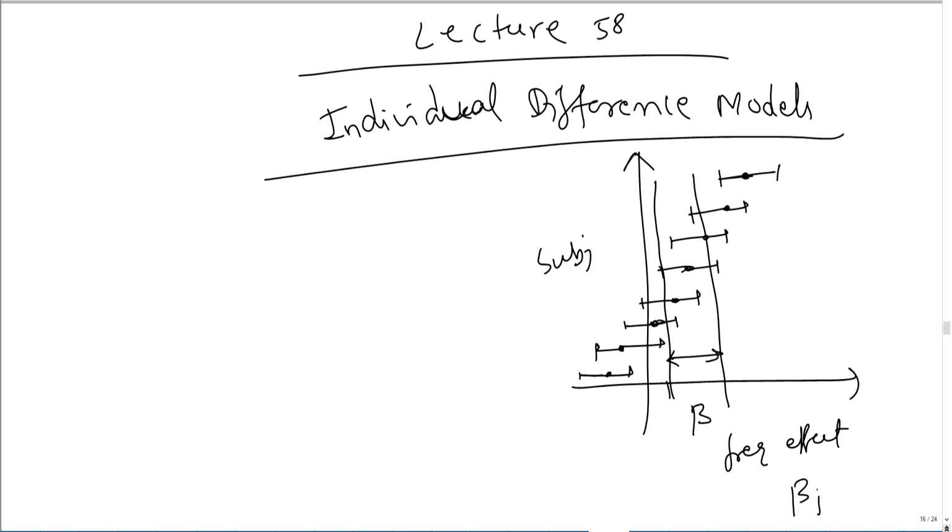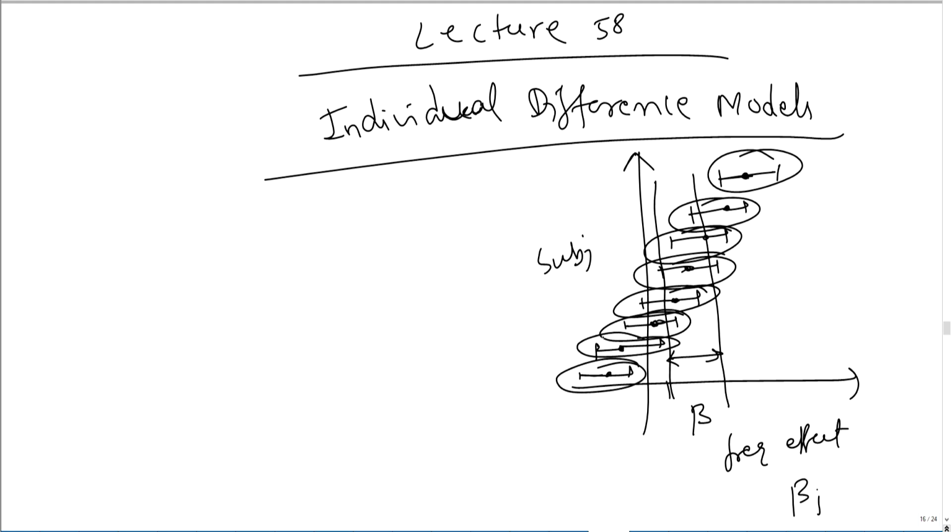So let's say I model every individual and I figure out why exactly they show this much frequency effect. Let's say I have figured out why certain individuals show a low frequency effect, why certain individuals show a high frequency effect, why certain individuals do not show a frequency effect.